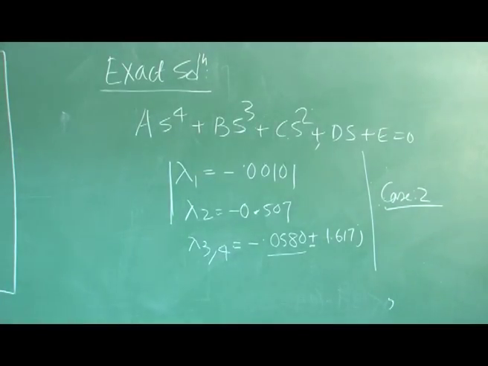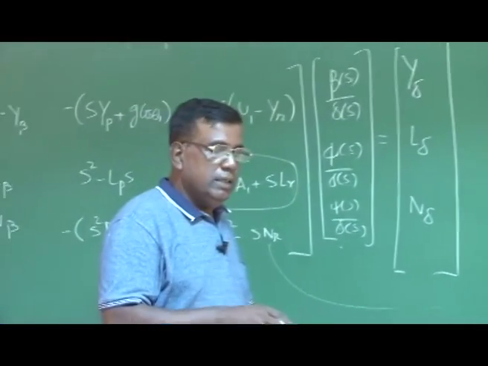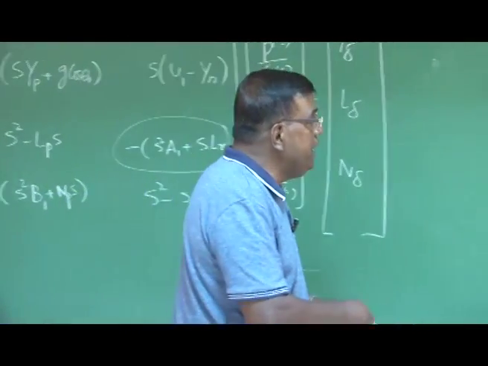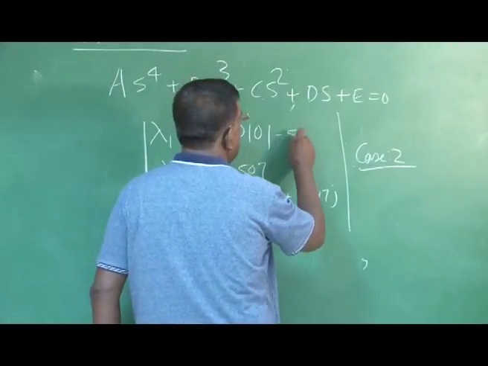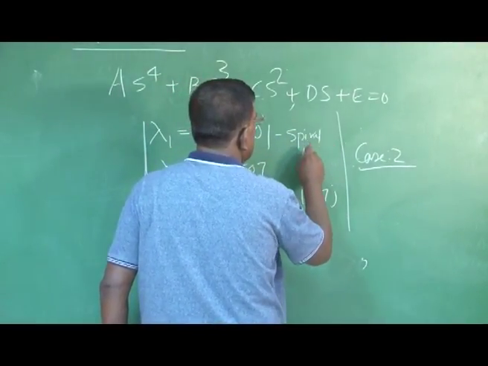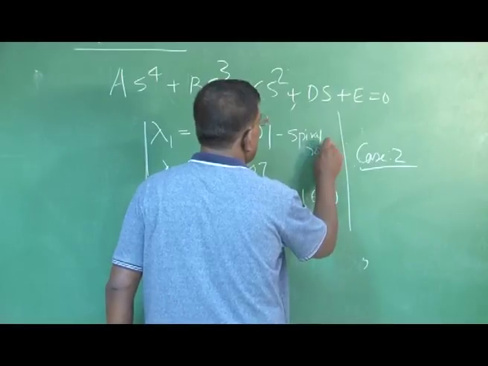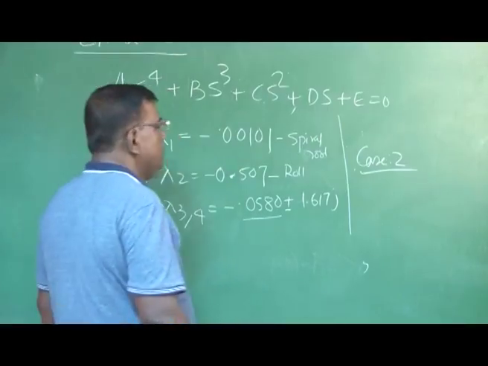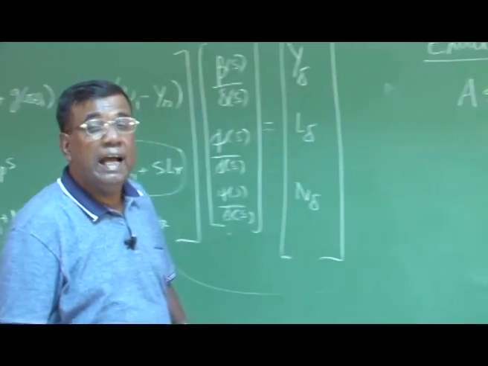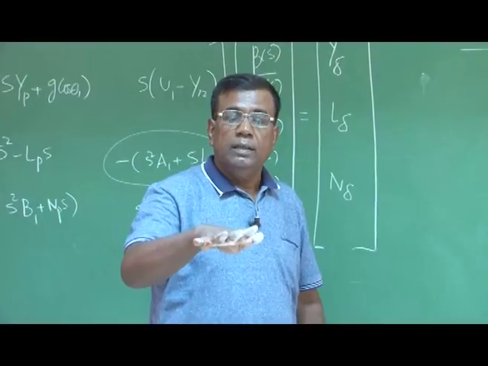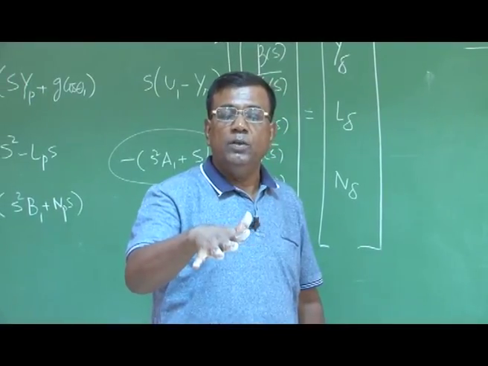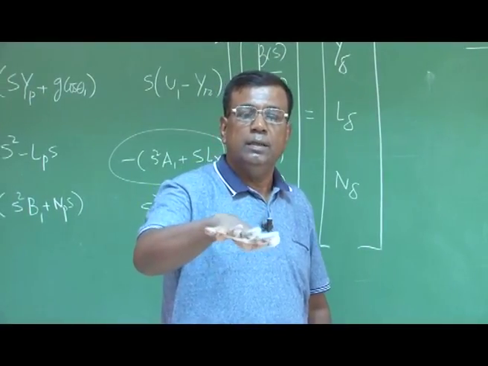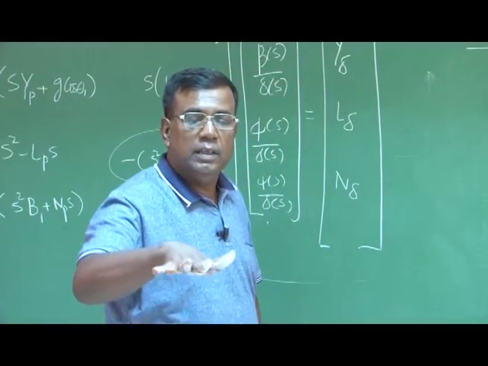Once I understand this, I need to understand what dynamic response I will be expecting. First is the weak root, that is spiral divergence, or spiral root. Second one is roll, which belongs to roll damping, roll dynamics. That is, if I give an aileron input and withdraw it, it will come back. No oscillation, please understand.